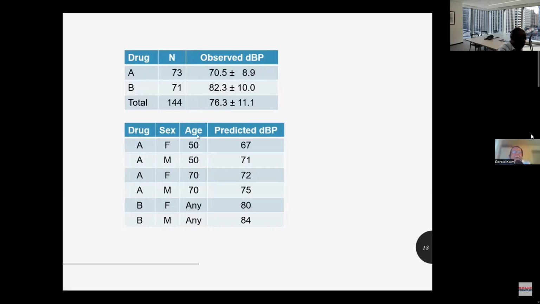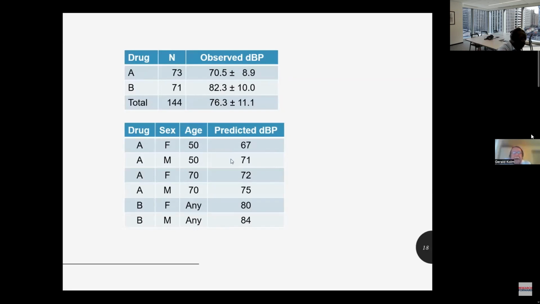But here, because in our model we had effects related to sex and an interaction of age and drug, our predicted mean values are different. So for example, if we have patients age 50, then there's a difference between males and females.